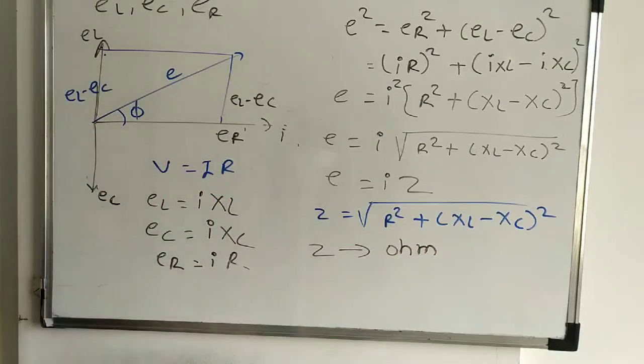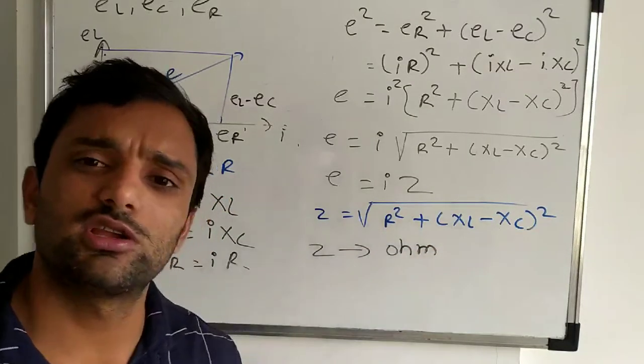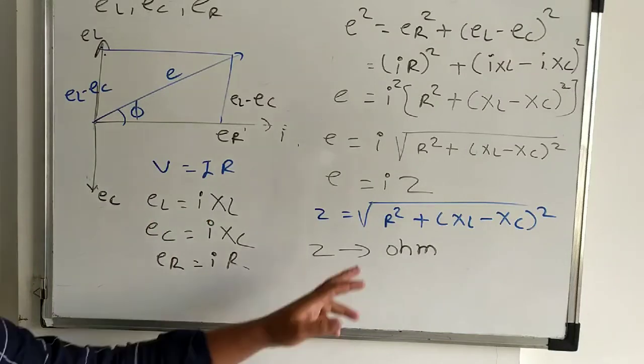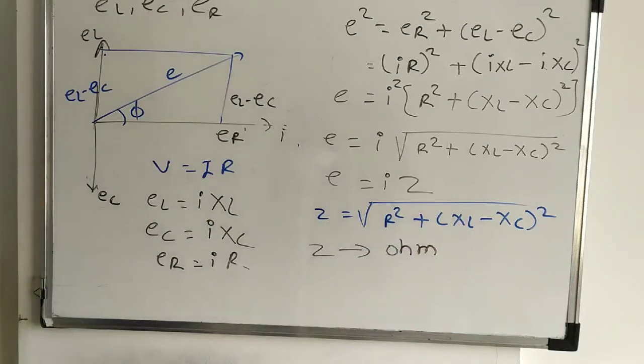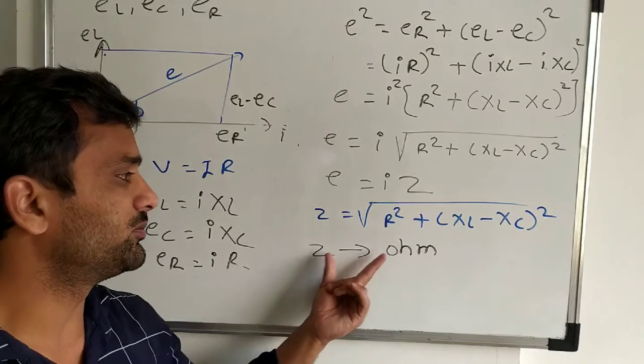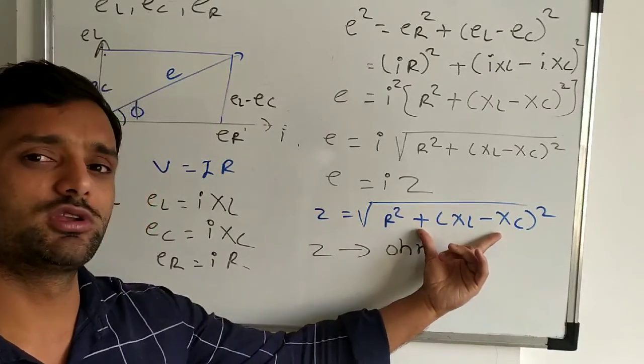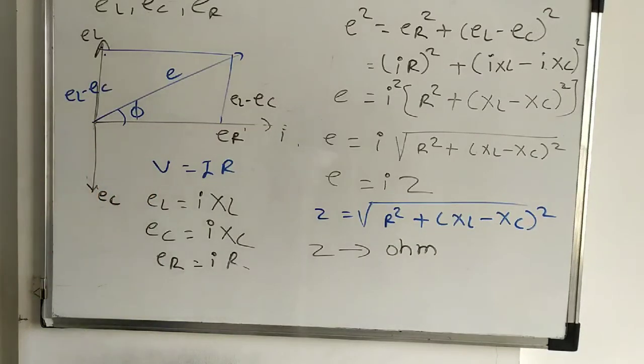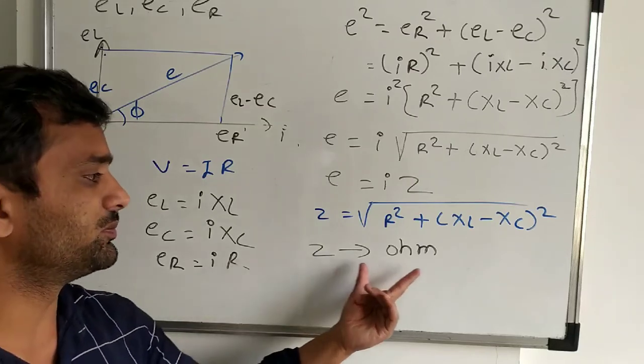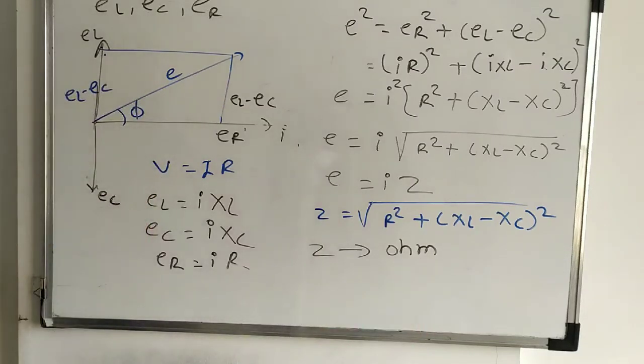Also the unit of XL is ohm, XC is ohm, because all these three play the same role. That role is opposition to the flow of current. Therefore impedance means the resultant opposition offered by inductor, capacitor and resistor, and the unit of this impedance is ohm. So this is about the combination of the inductor, capacitor and resistor.